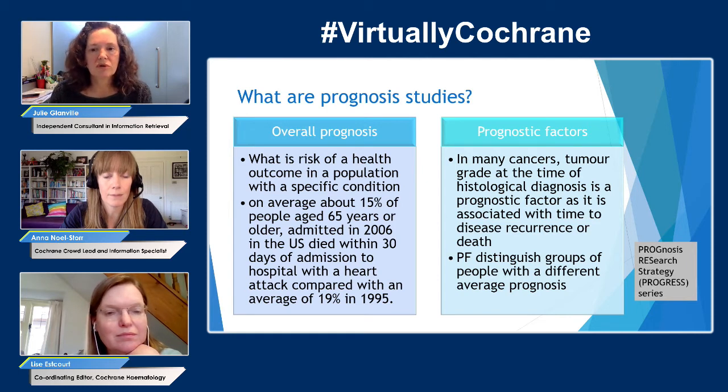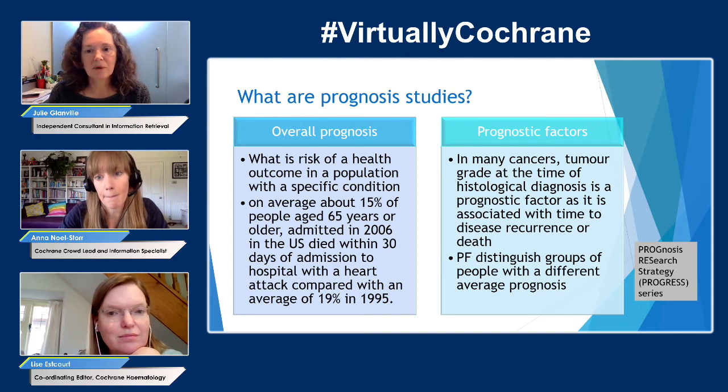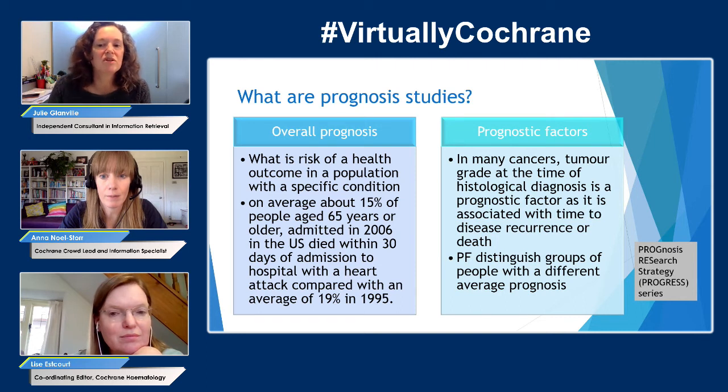So that's overall prognosis. Prognostic factors are disease issues that might be associated with disease recurrence or death or some other aspect of the pathway. And prognostic factor studies distinguish groups of people with a different average prognosis.